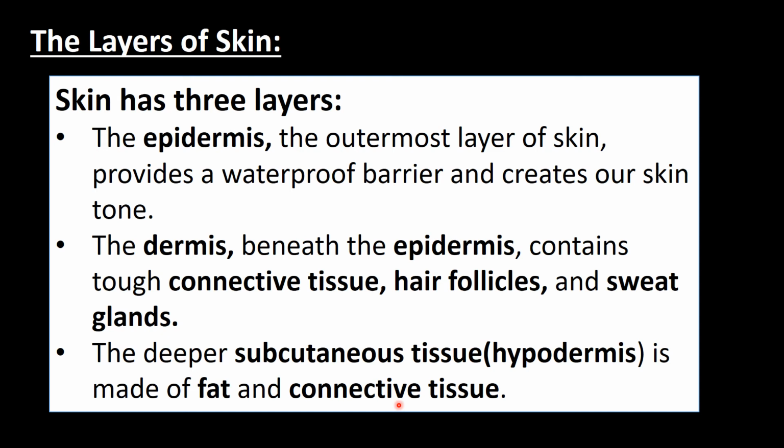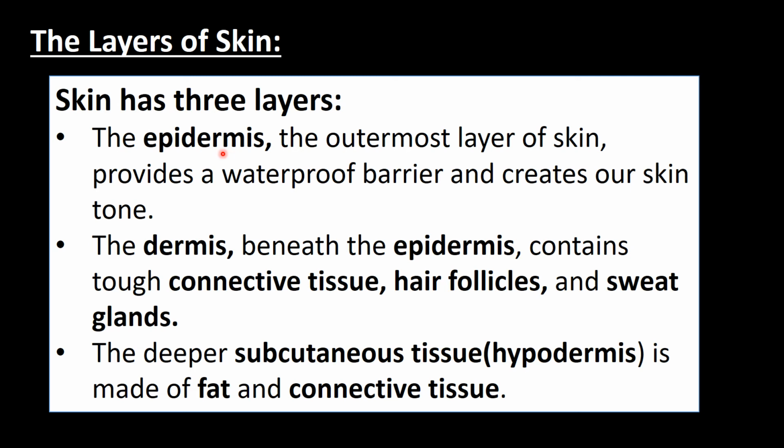This was all about the layers of the skin. Some more information about the epidermis. Epidermis is made up of dead flattened cells. And why dead? Because not all the cells in the body are alive. There are some cells in the body which are dead. For example, the cells of your nails are dead.